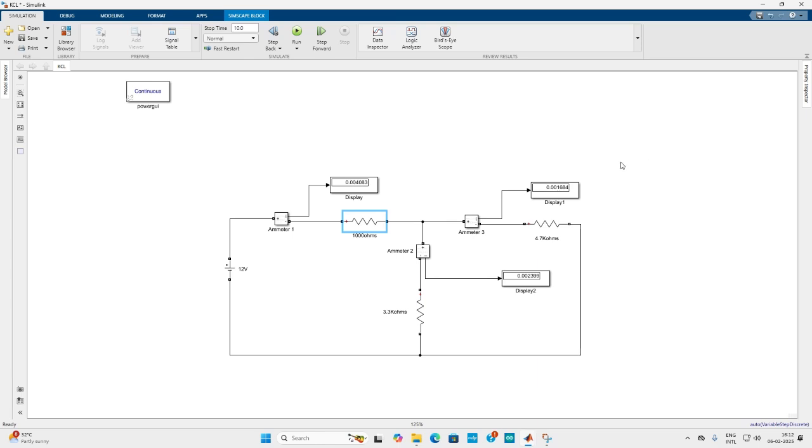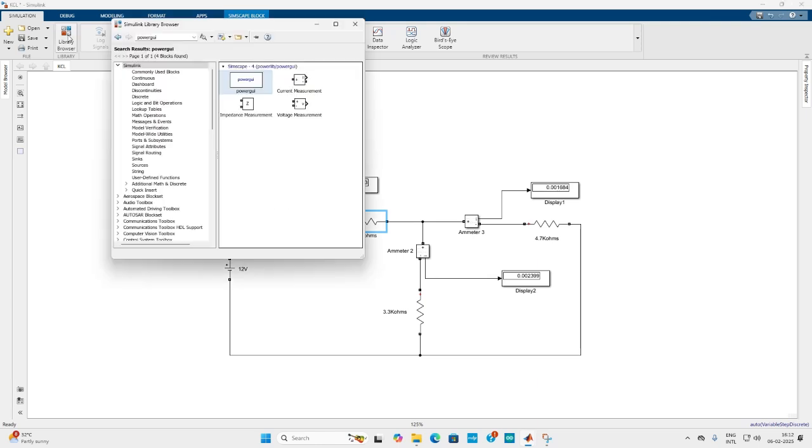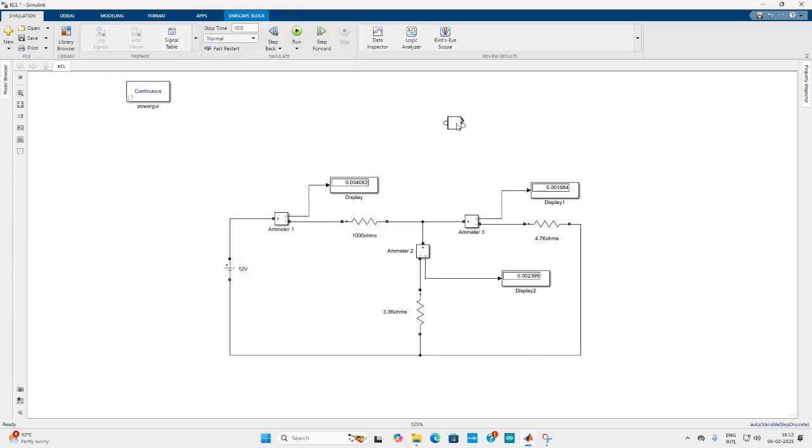After completing, we have to measure the current. For that, we need current measurement. Instead of an ammeter, we can go to the library browser and search for the current measurement unit. Search for current measurement and get the block like this.